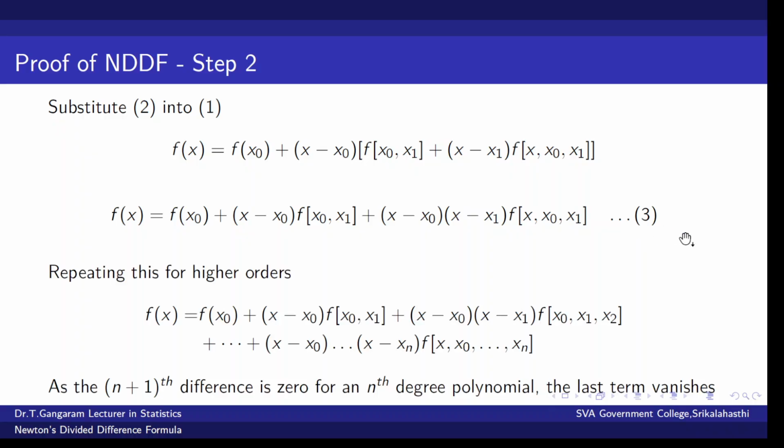Repeating this for higher orders, we get f of x is equal to f of x0 plus x minus x0 into f of x0 comma x1, and so on. As the n plus first difference is 0 for an nth degree polynomial, the last term vanishes.